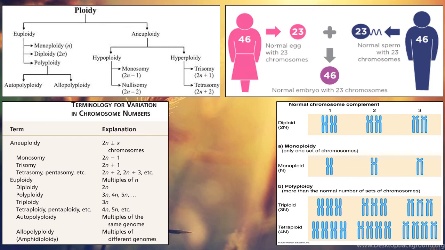Hence, autopolyploidy can be the presence of 3 chromosomes or 4 chromosomes, a deviation from the normal diploid state, but from the same species. Whereas allopolyploidy describes a hybrid condition between two different species.